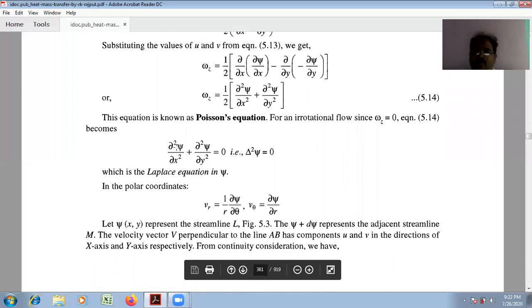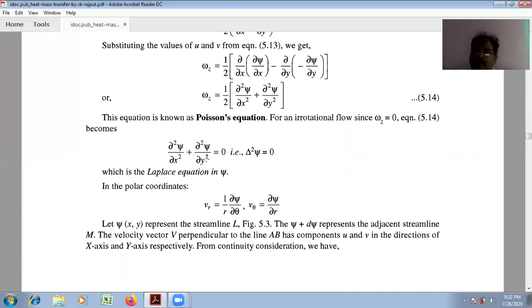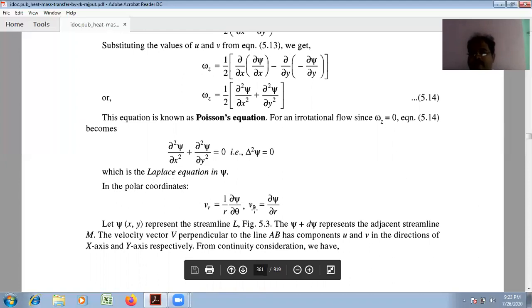So the conclusion is del square psi upon del x square plus del square psi upon del y square is equal to 0, or, sorry, delta square psi is equal to 0, which is the Laplace equation in psi. So in the polar coordinate, Vr is equal to 1 by r of del psi upon del theta, and V theta is equal to del psi upon del r.